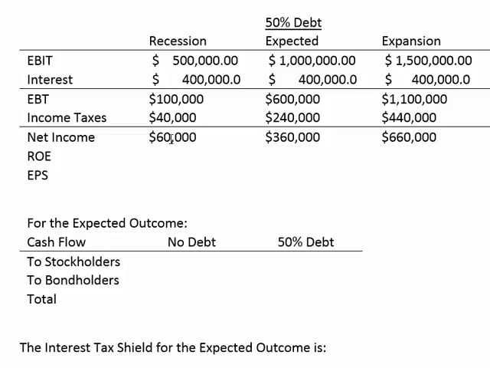So my return on equity, remember in this case now our equity is $5 million instead of $10 million. So I'm going to divide my $60,000 by $5 million.